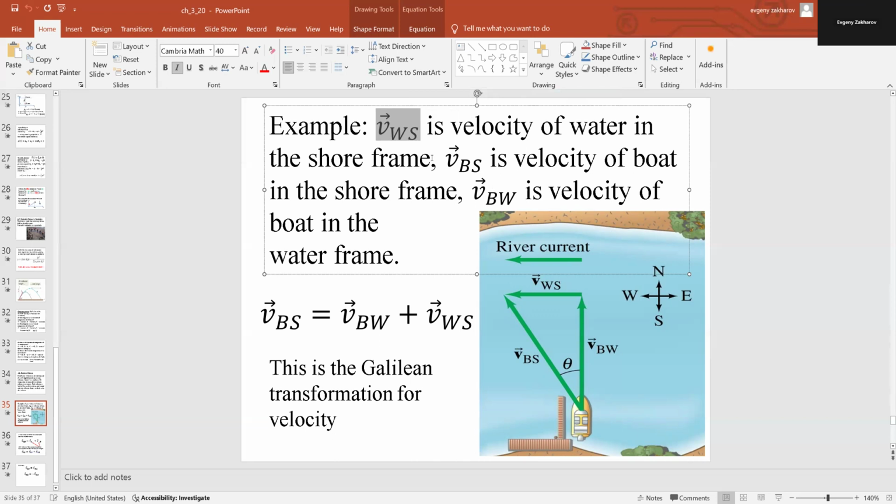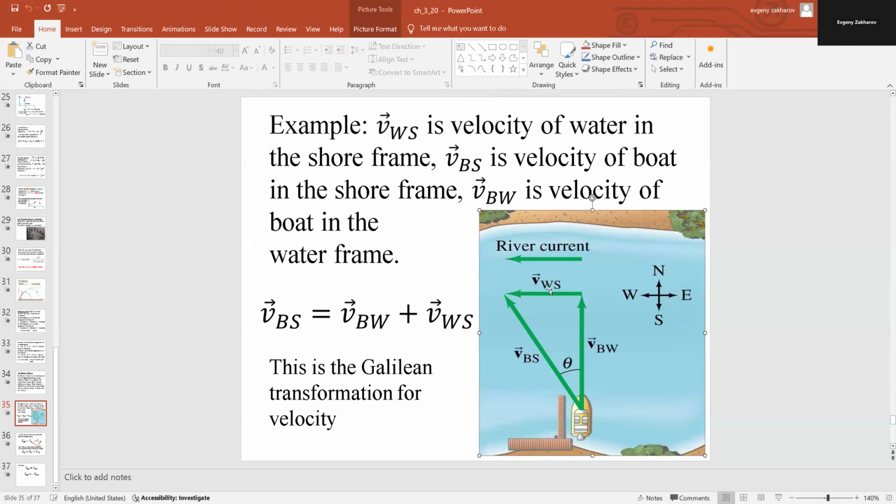So how fast is the velocity of water, how fast the water moves with respect to the ground. So essentially it's the velocity of the current. Which way is the current? The river current. So which way and how fast does the river flow? And you see that on the diagram.